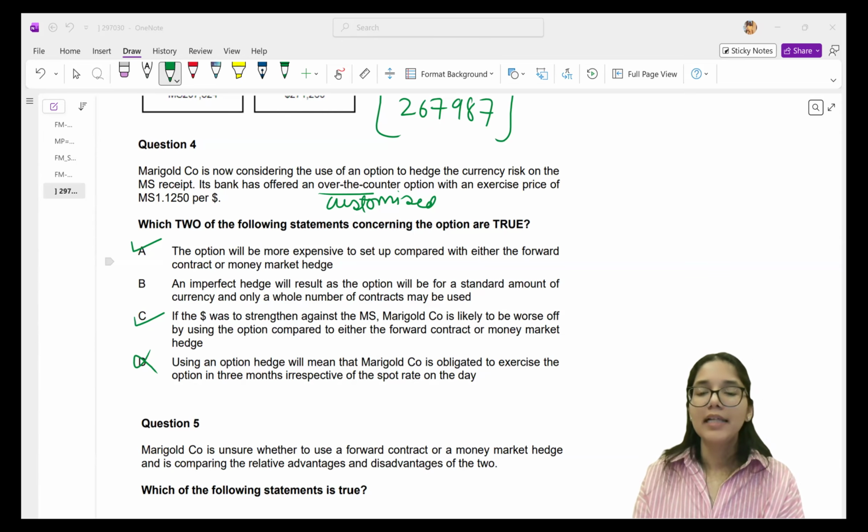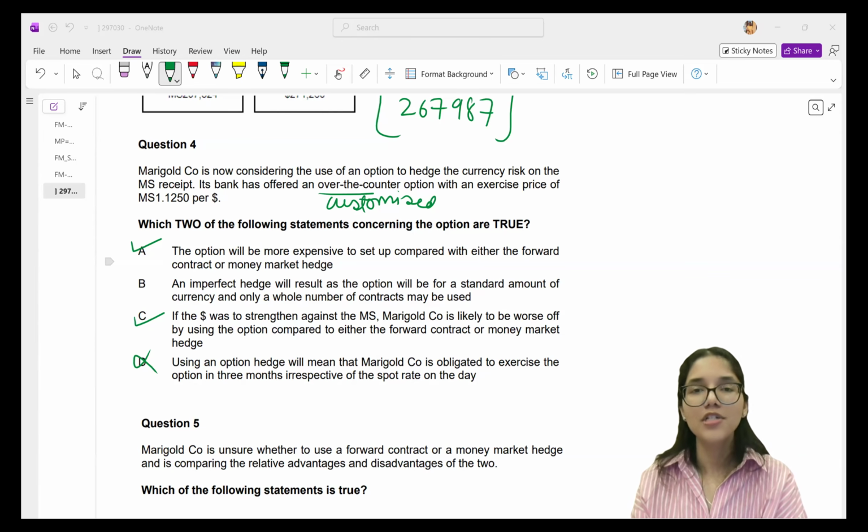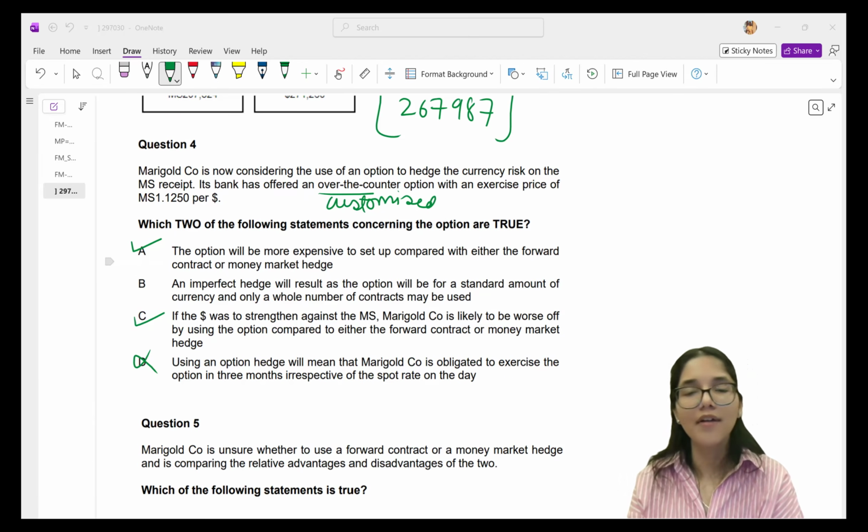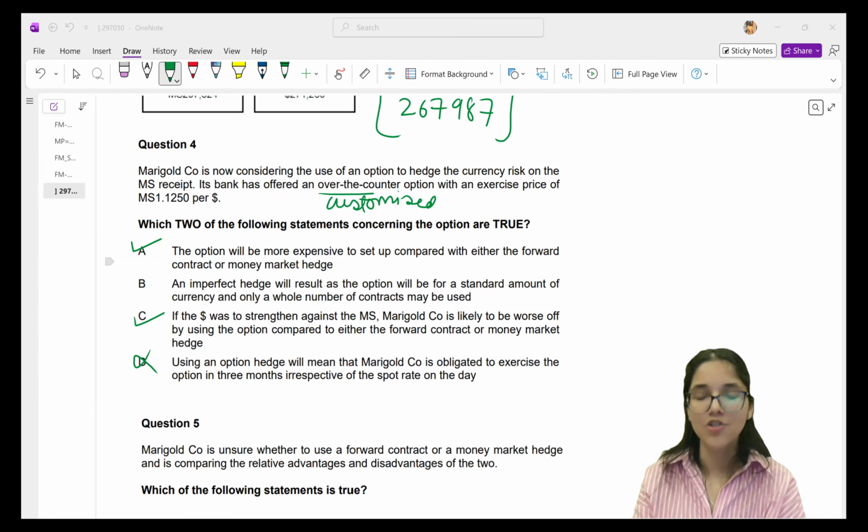Do you all follow till here? Shall we move to the last question for today? Yes, Shreya, the company has already locked in the rate, but we are not just comparing for the options, we are comparing it with a forward contract as well as a money market hedge. So the overall cost will go quite up because in a forward contract, I don't have to pay any premium.